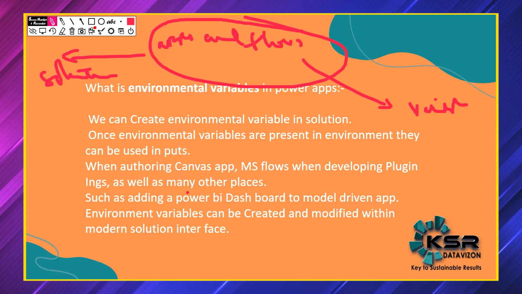They are also used when we are moving a solution from one environment to another. For example, when we are adding external components like a Power BI dashboard to a model-driven app, an environment variable can be created and modified inside the modern solution interface. This is one example of how we use an environment variable.